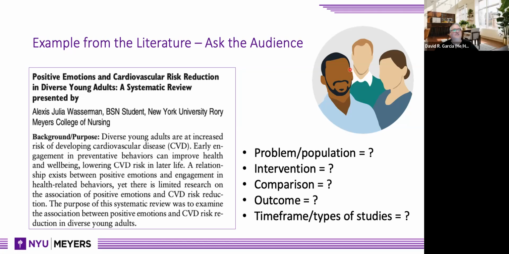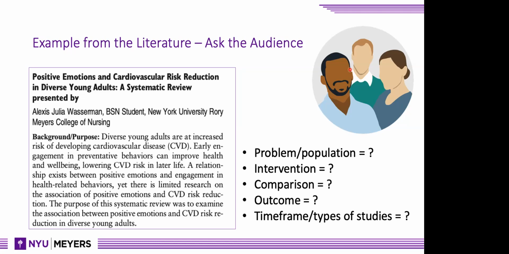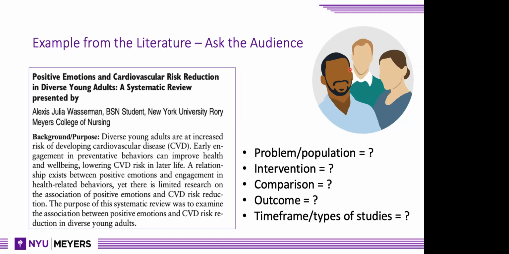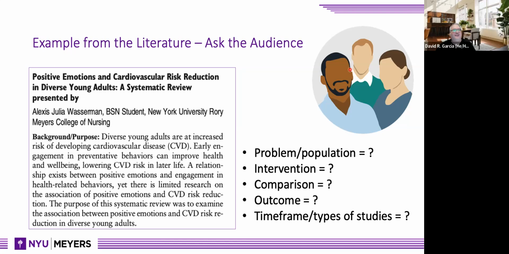Yes, young adults, specifically what kind of young adults? Diverse young adults. Yeah, diverse young adults. And then Natasha, do you want to call on somebody to identify the intervention? I'll just see the first person I see, which is Adrian.